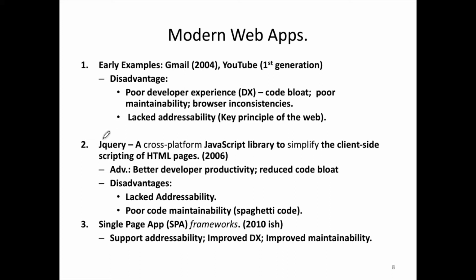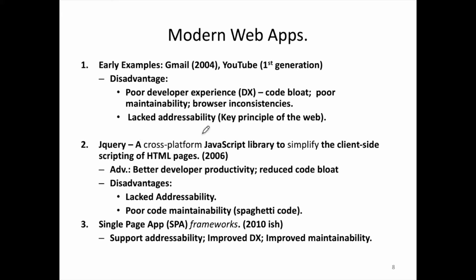A really significant library called jQuery came on the scene then. Did I put a date on that? 2006. Okay, so it was only 2 or 3 years later. What jQuery addressed was the developer experience, and it addressed browser incompatibility.